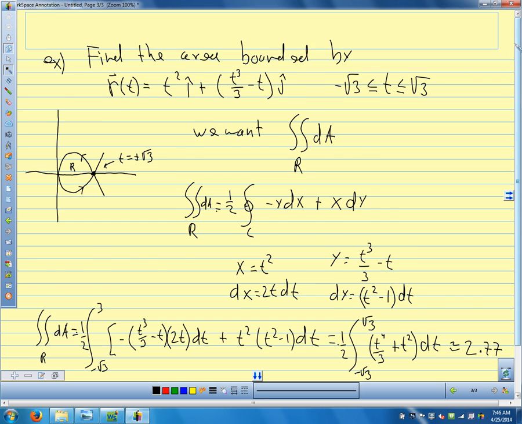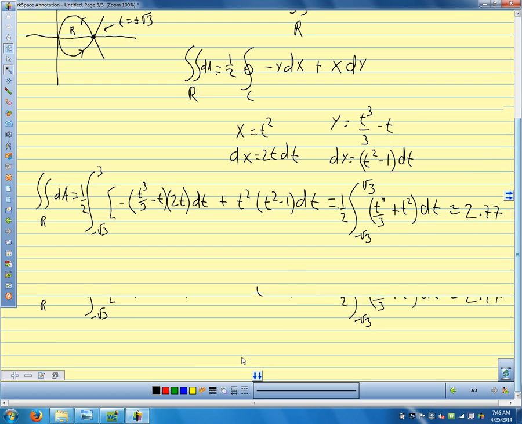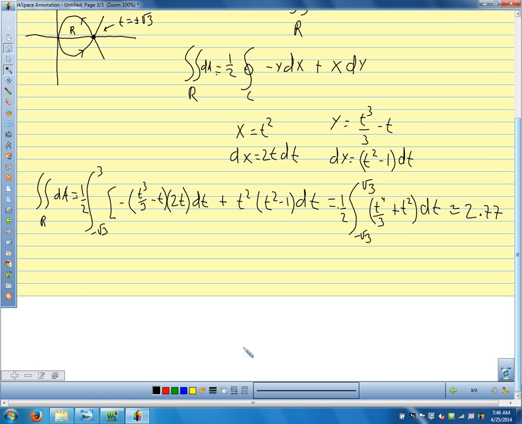All right, so the other two versions of Green's theorem that we talked about, it would probably be a little easier for this particular problem to say that our area is the line integral around C of x dy. That one's probably a little easier. And this one would turn out to be the integral from minus square root of 3 to square root of 3.